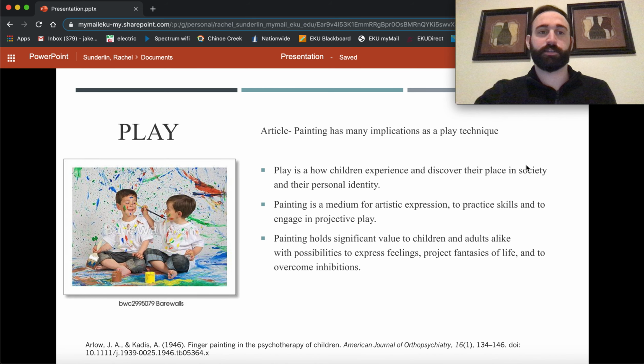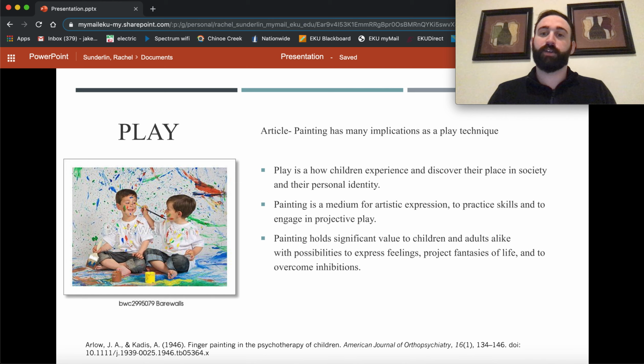So we'll go to the next slide. The academic journal article that I found on playing with paint was called Finger Painting in the Psychotherapy of Children. Play is how children experience and discover their place in society and their personal identity. Painting is a medium for artistic expression and a good way to practice skills to engage in projective play.